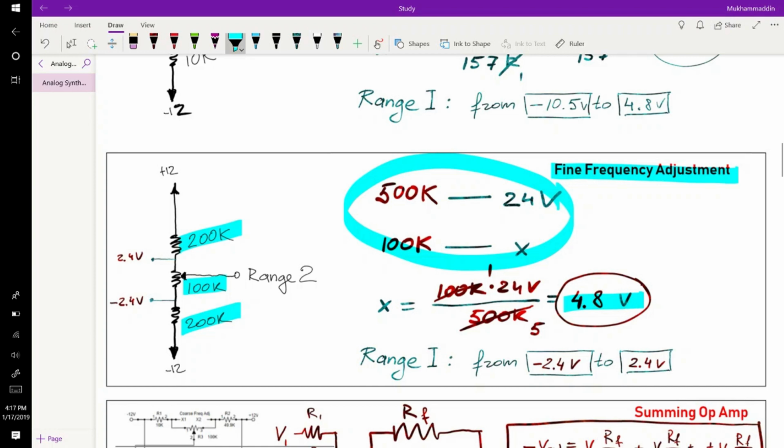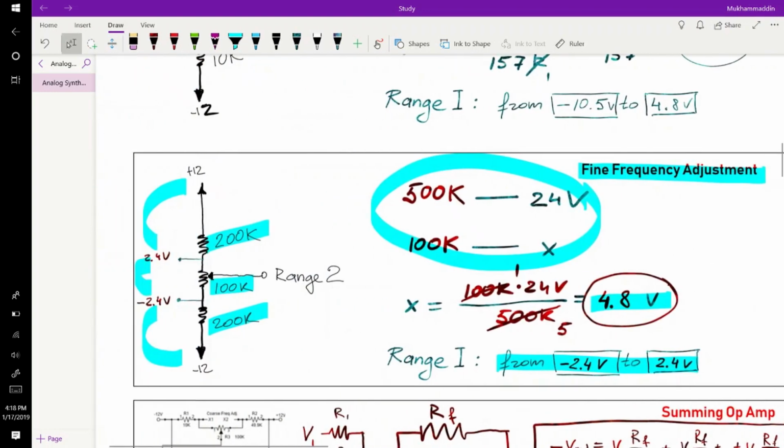That means the range will be from minus 12 to minus 2.4, then from minus 2.4 to 2.4, and then from that to positive 12. So the range of values that the potentiometer in the fine tuning frequency adjustment can take is from negative 2.4 to positive 2.4 volts.